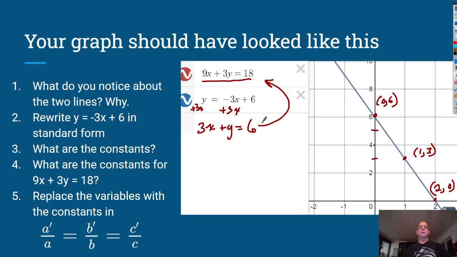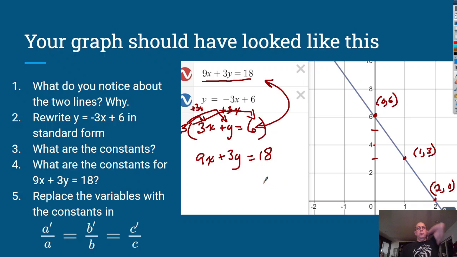Well, they're still not looking exactly the same, but if I multiply this whole thing times 3, then 3 times 3x is 9x. 3 times y is 3y. And 3 times 6 is 18. So if I triple this equation, now I have the exact same equations, which is what I knew it was because it graphed on the same line.